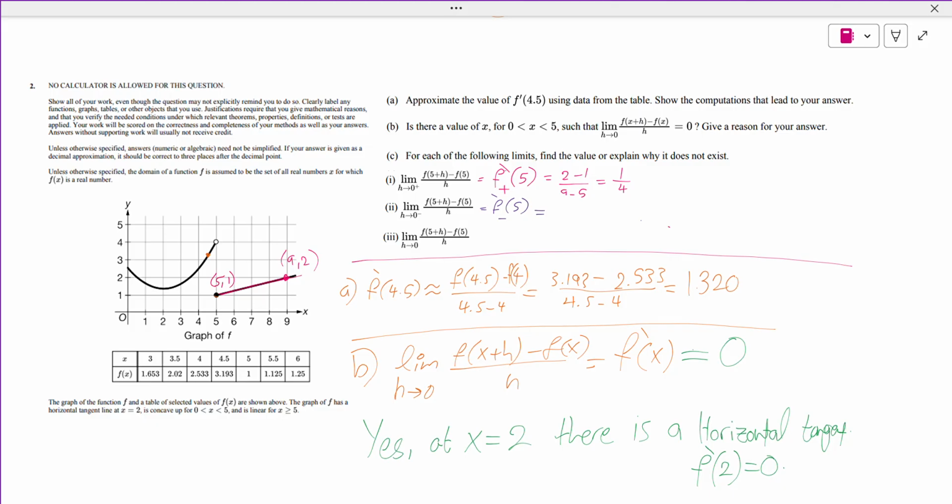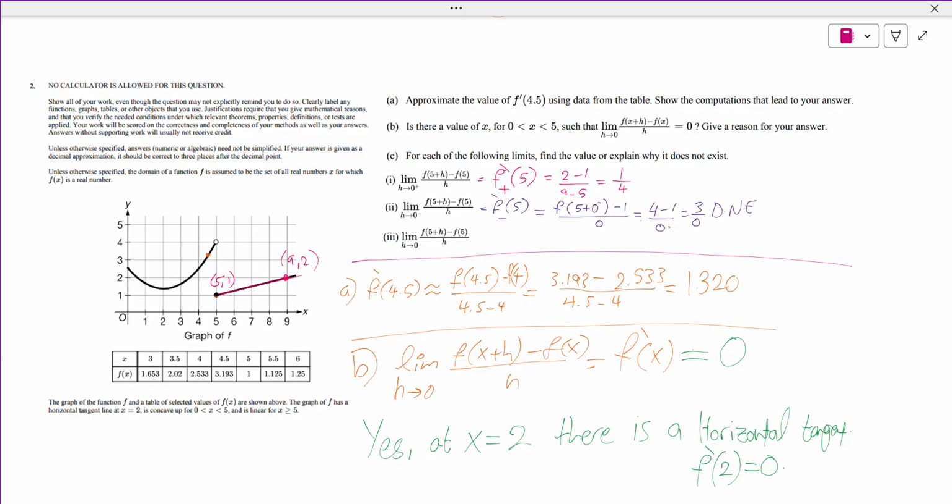If you substitute h in this limit, it will be f of 5 plus 0 from the left, minus f of 5. f of 5 is given, it's 1, over 0. And f of 5 plus 0 from the left means f of 4.9999, which, if you look at the graph, is equal to 4. So 4 minus 1 over 0, which is 3 over 0. That means does not exist.